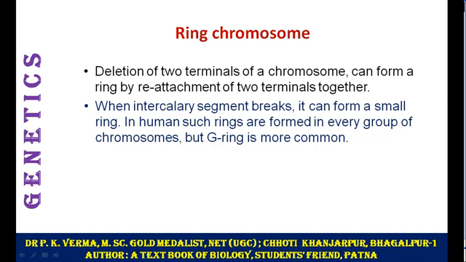When an intercalary segment is lost, it can form a small ring. In humans, such rings are formed in every group of chromosomes. But as I have said, G group chromosomes commonly form ring structures.